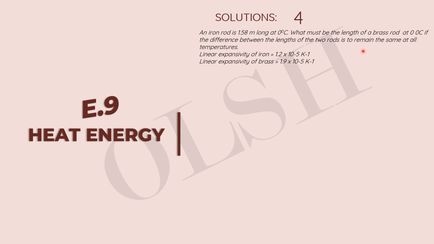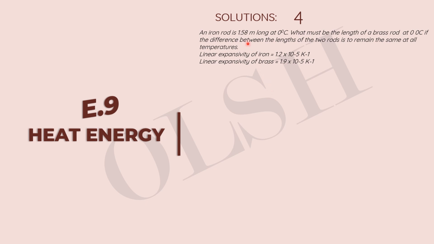The key sentence in this question is: the difference between the lengths of the two rods is to remain the same at all temperatures. So the difference between the iron rod and the brass rod at 0 degrees Celsius remains the same even at 1 degree Celsius, even at 200, even at 300 degrees Celsius.